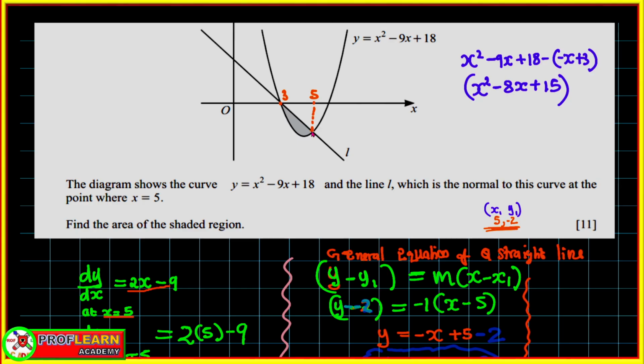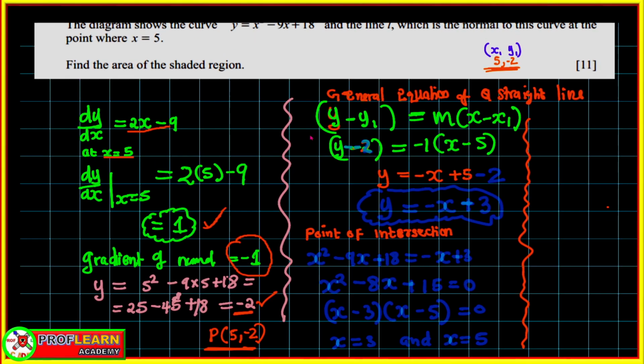But we know the gradient at this particular point is -1. So since the gradient is -1 and it passes through that point, we can use the general equation of a straight line, which is y minus y1 equals m into x minus x1. So x1 and y1 are the points where that straight line passes.